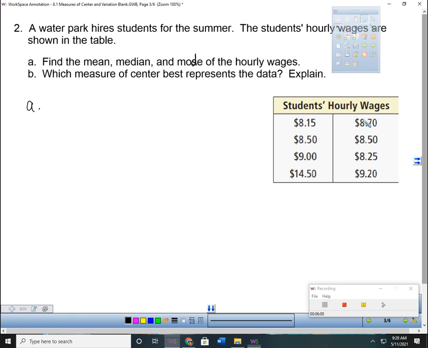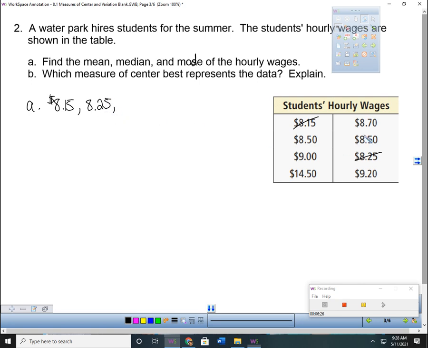So, again, I have 8 of these, and I'm going to put them from least to greatest right off the bat. So my smallest wage is $8.15. Then $8.25. And the reason I mark them off is that I don't want to forget that I've already written that one down.